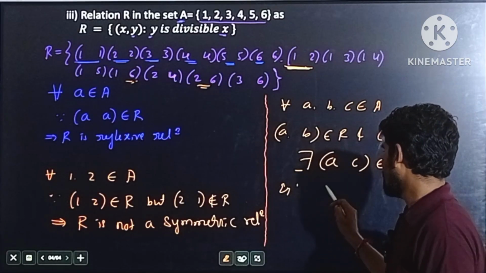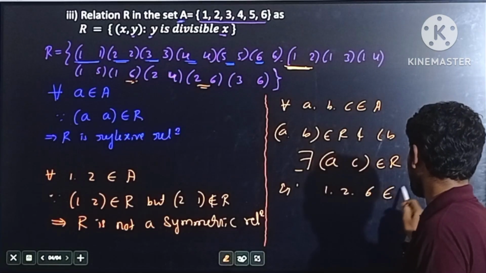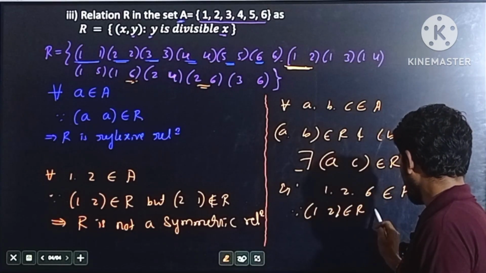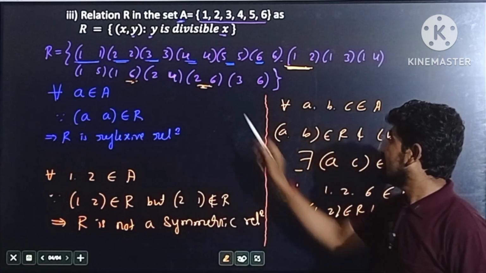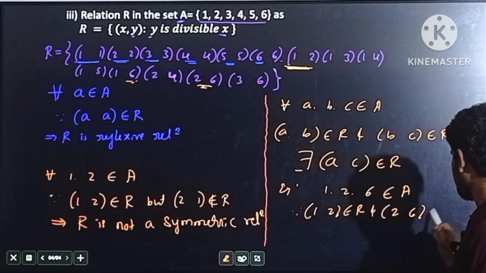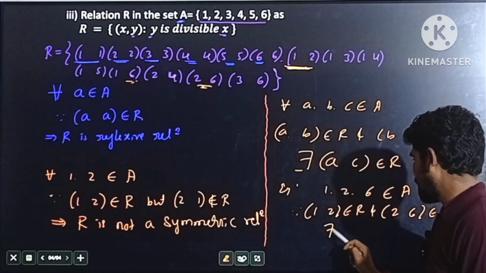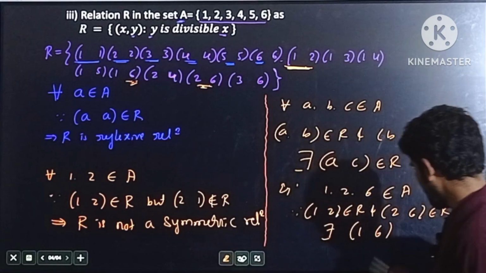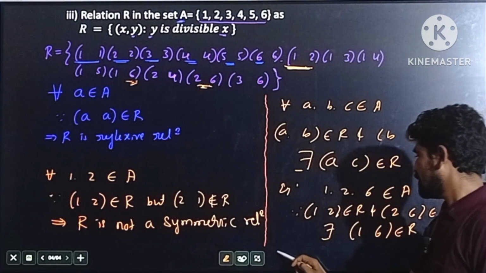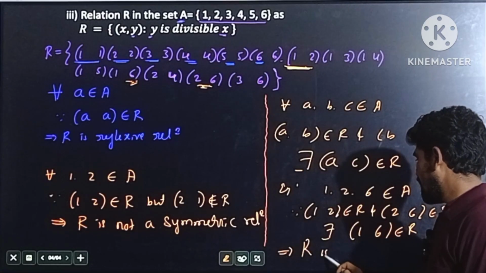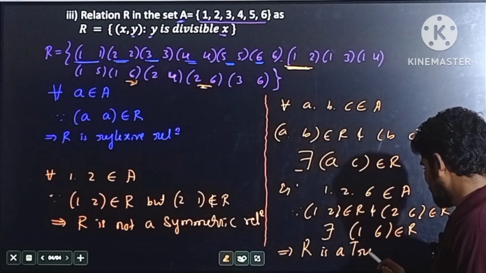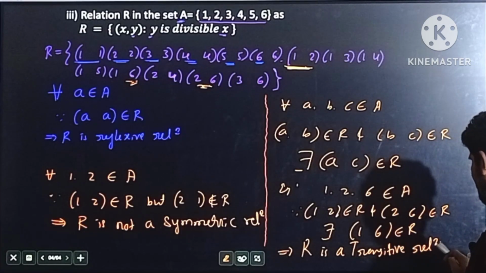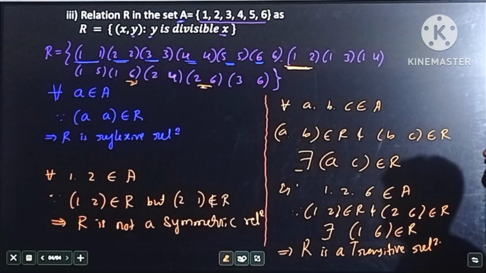For example, 1, 2, 6 belong to the set A. Since the pair (1, 2) is in R and (2, 6) is in R, the pair (1, 6) is also in R, which implies R is a transitive relation. I hope all of you understood this question.